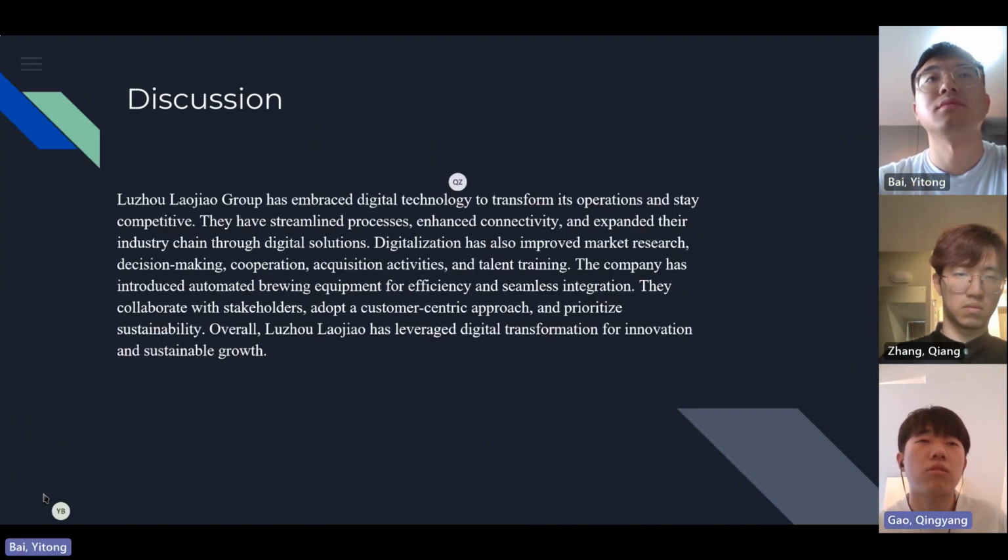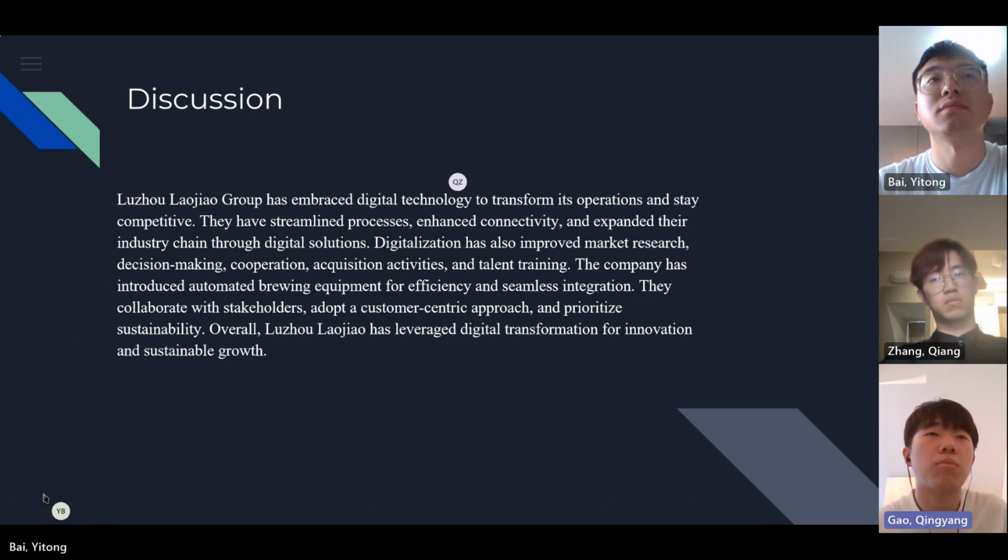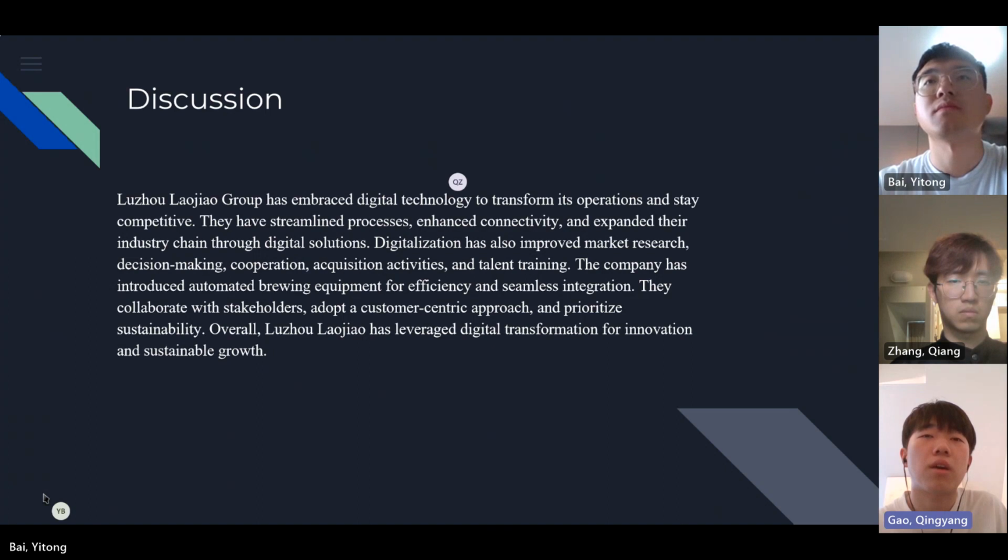The discussion is about how Luzhou Laojiao Group has embraced digital technology to transform its operation and stay competitive. They have streamlined processes, enhanced connectivity, and expanded their industry chains through digital solutions. Digitalization has also improved market research, decision-making, cooperation, acquisition activities, and talent training.